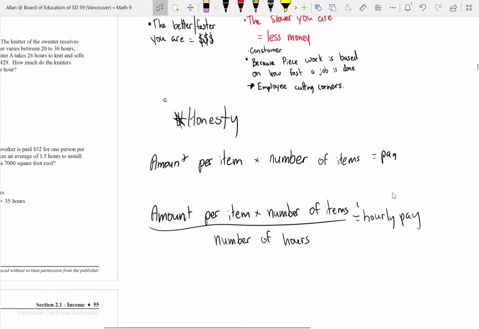So even though you don't get paid hourly, you can convert it to, think of it like a wage. The faster you work, the higher your wage is going to be. The slower you work, or longer it takes you to finish things, the lower your wage is going to be. So these are the two equations that come up. If you want to figure out how much someone gets paid, you're going to use number one. If the question asks you about a wage, you're going to use number two.